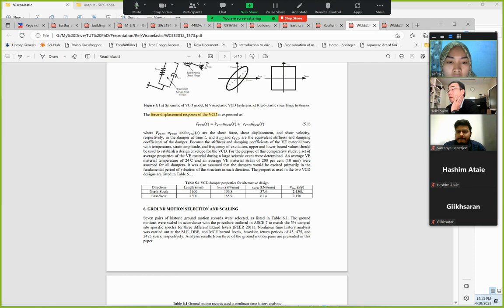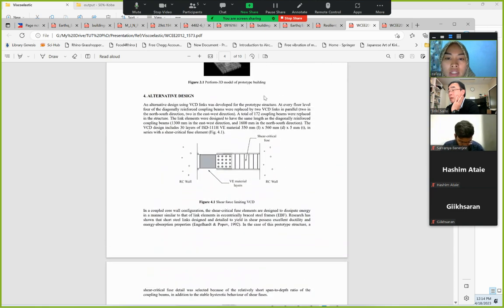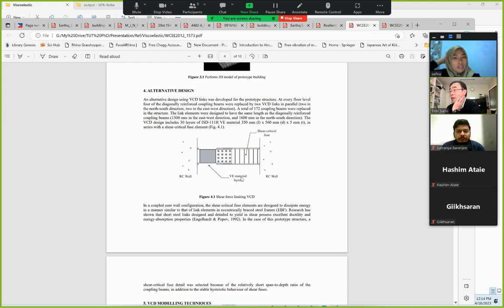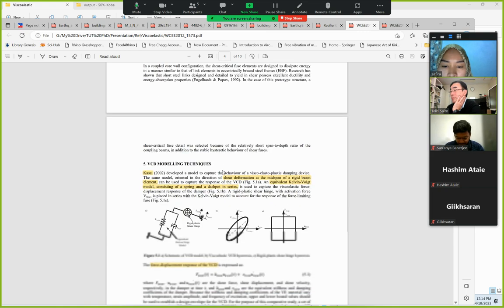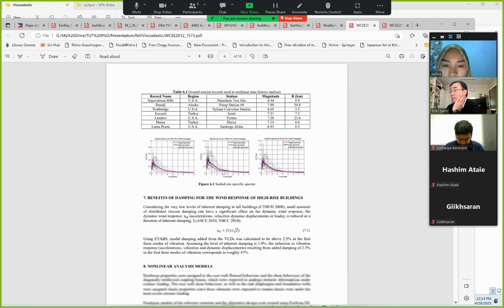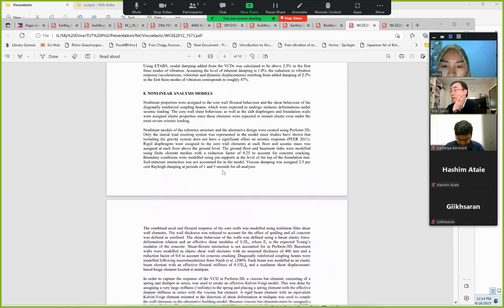The fuse is in between here. So they have viscoelastic material and a steel fuse. It's a little bit different from our model, but at least they have some properties.